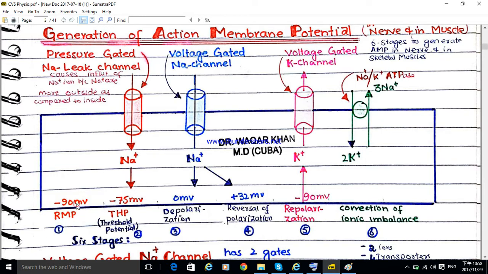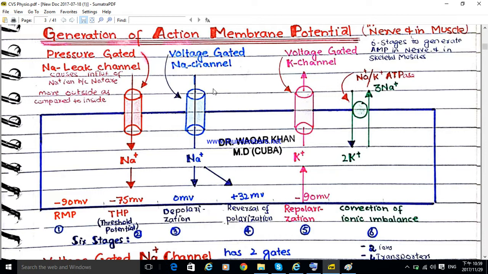As you can see, the resting membrane potential was minus 90 mV, at no charge it is depolarization, and when it comes back to its original state, minus 90 mV, it is repolarization.